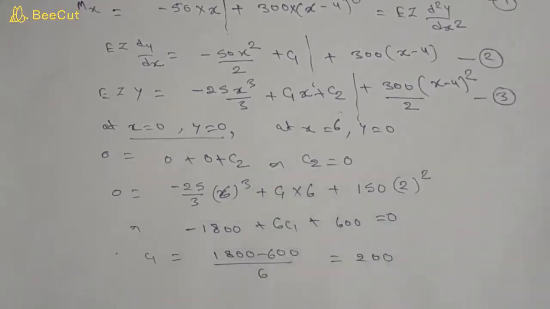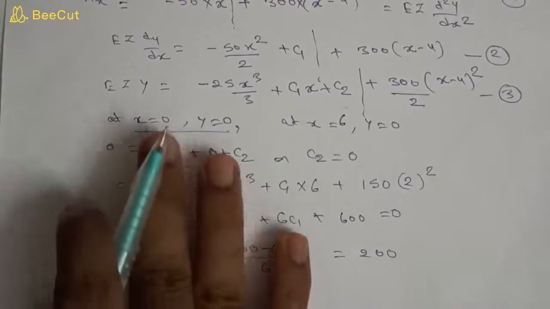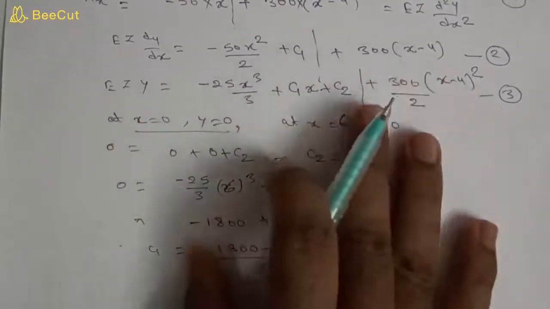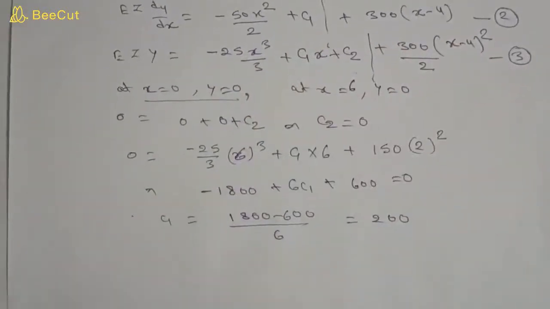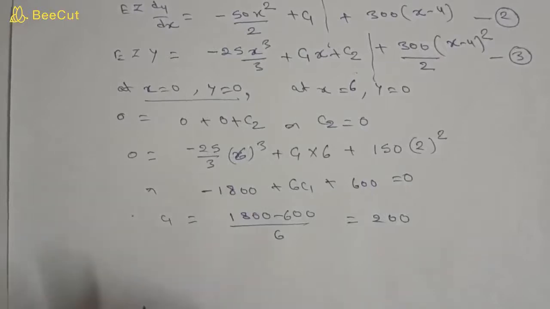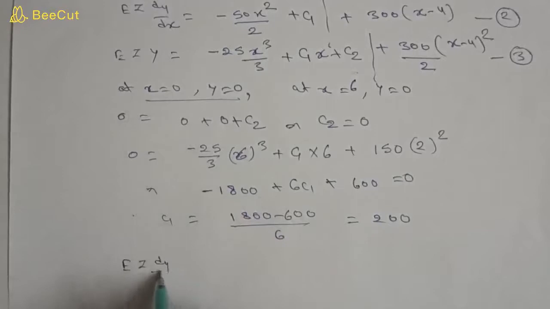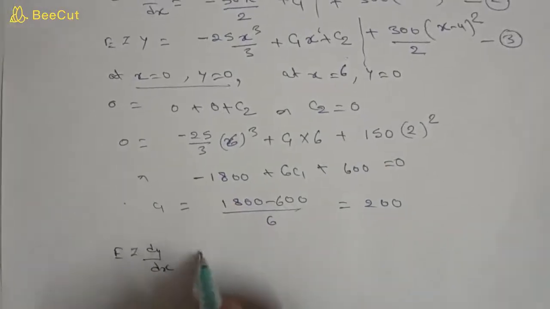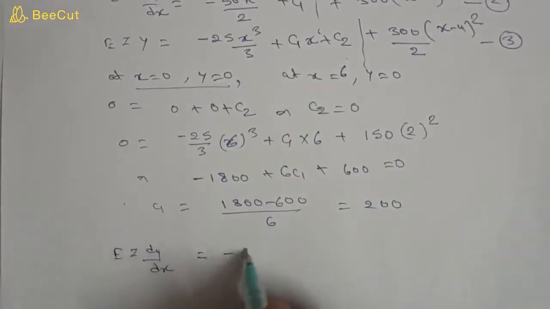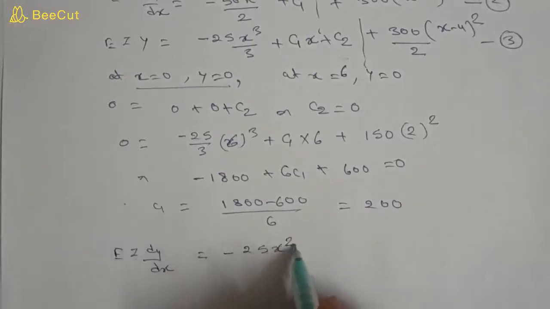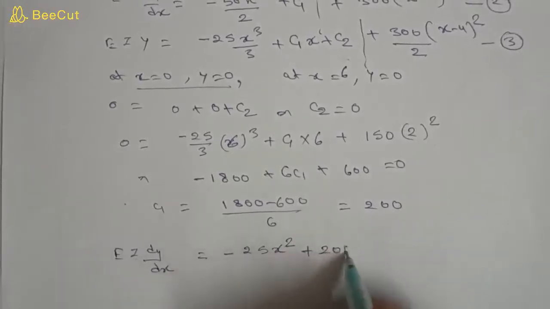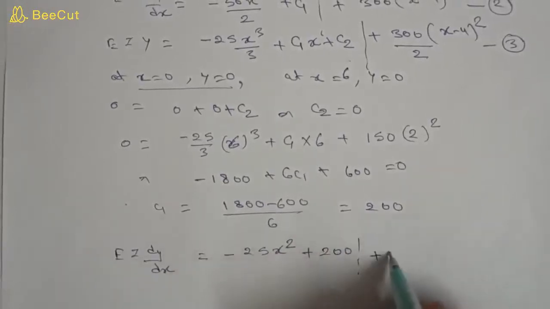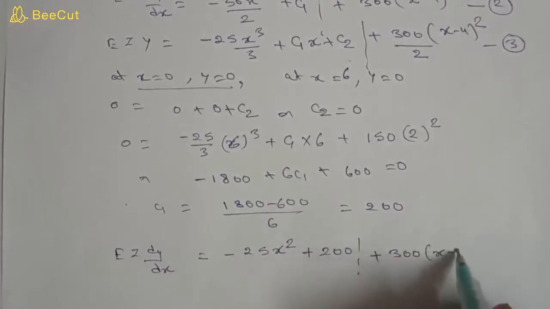So we can put the value of c1 in equation number 2 and equation number 3. So we will get EI dy by dx is equal to minus 25 x square plus 200 plus 300 (x minus 4).